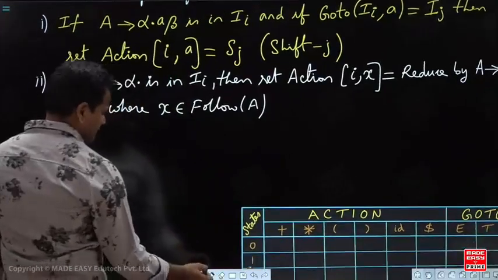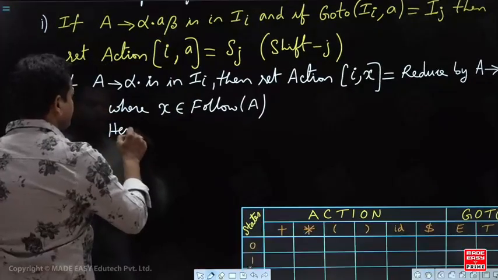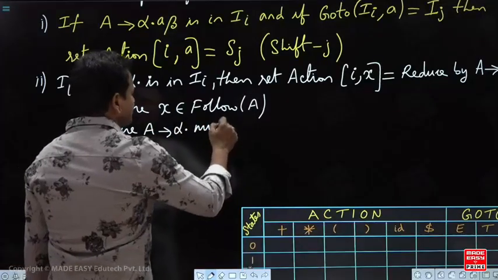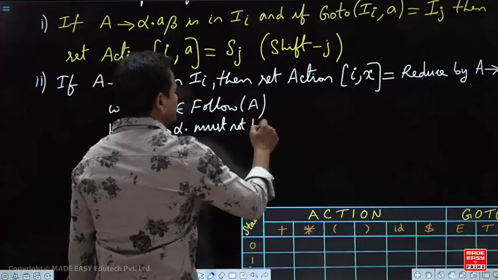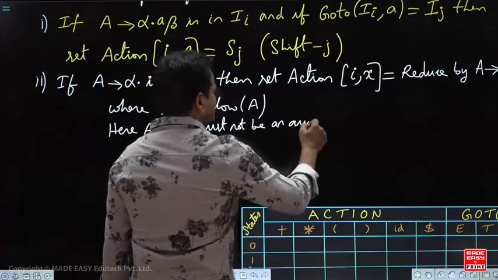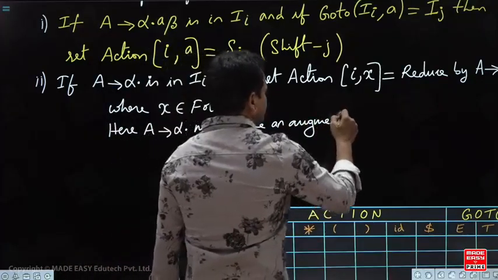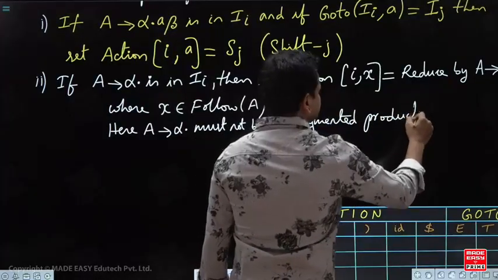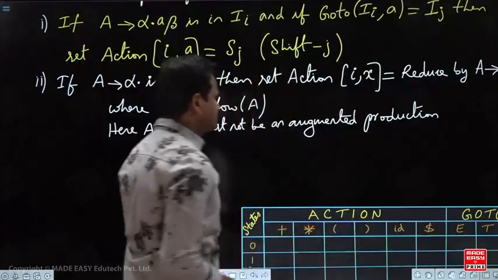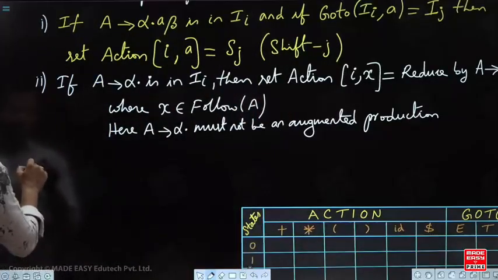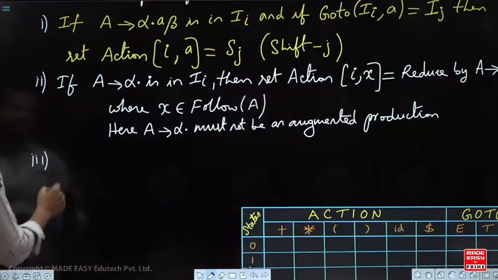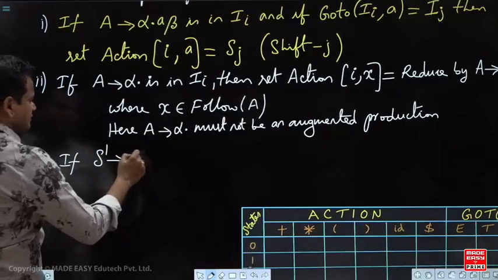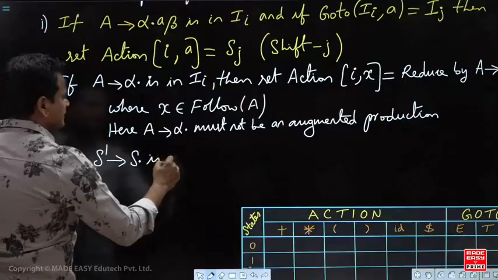So take the condition here: A goes to alpha dot must not be an augmented production. Okay. Are you copying simultaneously? Now, what is the third rule? Suppose augmented production is in Ii.